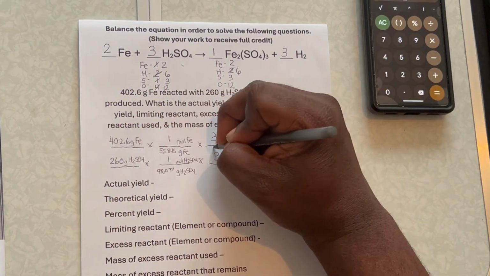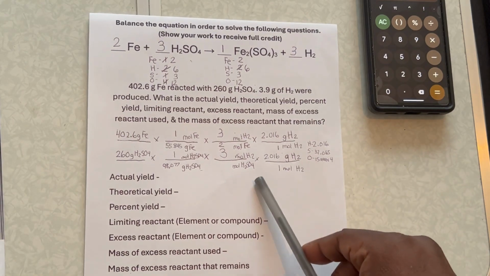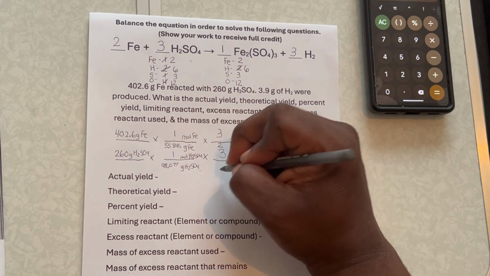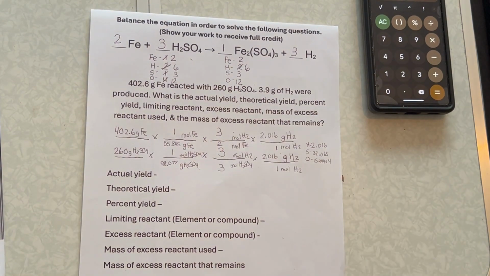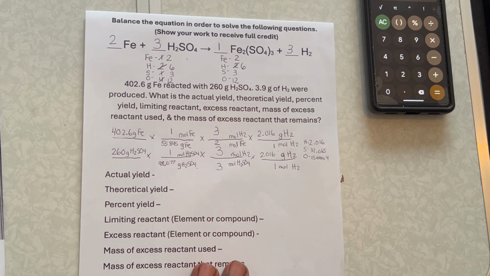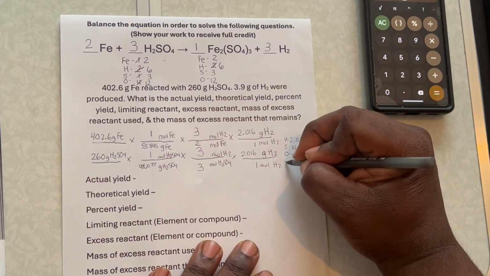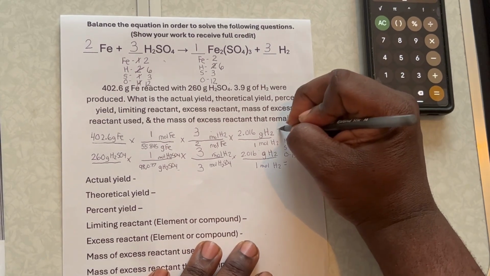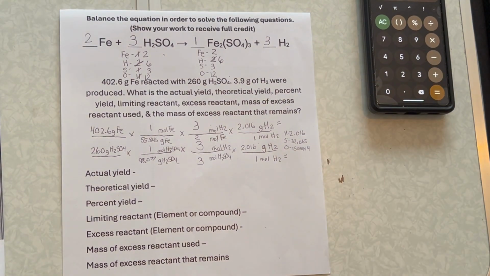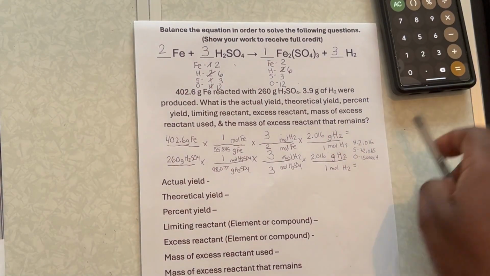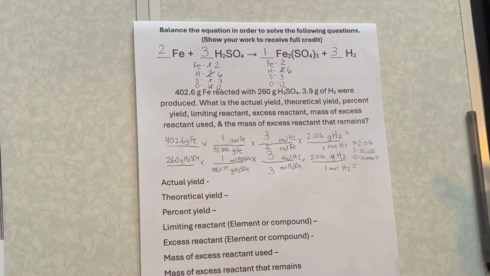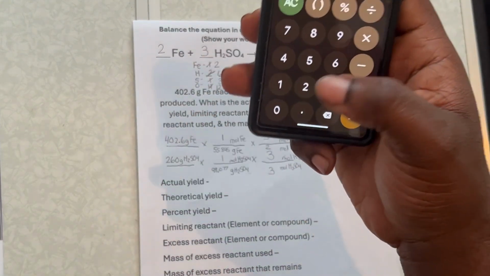So I put a 2 down here. What's in front of H2SO4? A 3. Now we need to calculate both of these equations to figure out which one is smaller. Whichever one is smaller is going to be the limiting reagent, limiting reactant, and whichever one is bigger is the excess reactant.